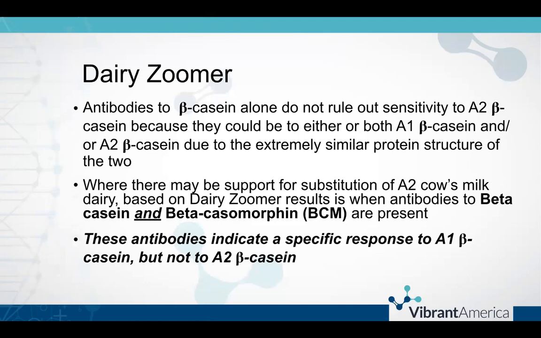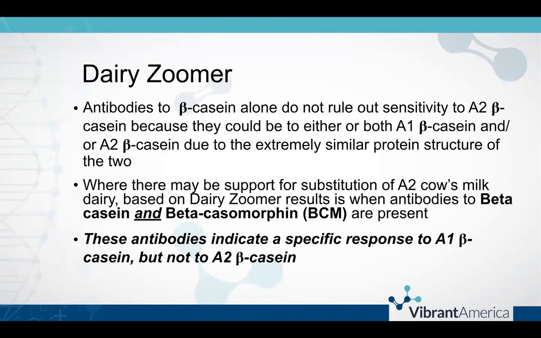Antibodies to beta casein alone do not rule out sensitivity to A2 beta casein. So if your patient's test has positive antibodies to beta casein, it could be either A1 beta casein or A2 beta casein, simply because, again, the protein structure is so similar. There's only one amino acid difference between the two.